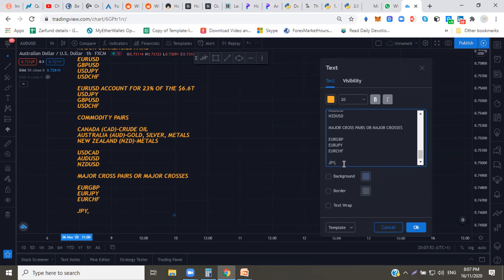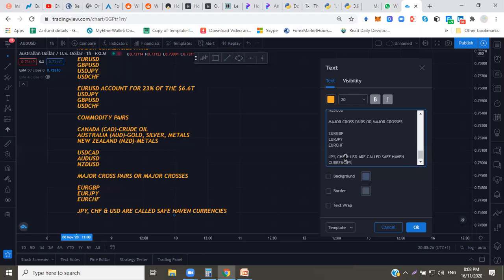JPY, CHF, and USD are called safe haven currencies.